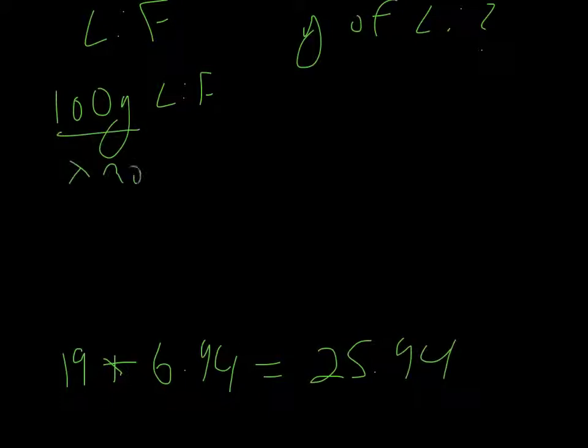divided by x moles equals 25.94. Now you could probably estimate it's about 4 moles, but let's find out exactly how much. So we're going to multiply each side by x and divide each side by 25.94.